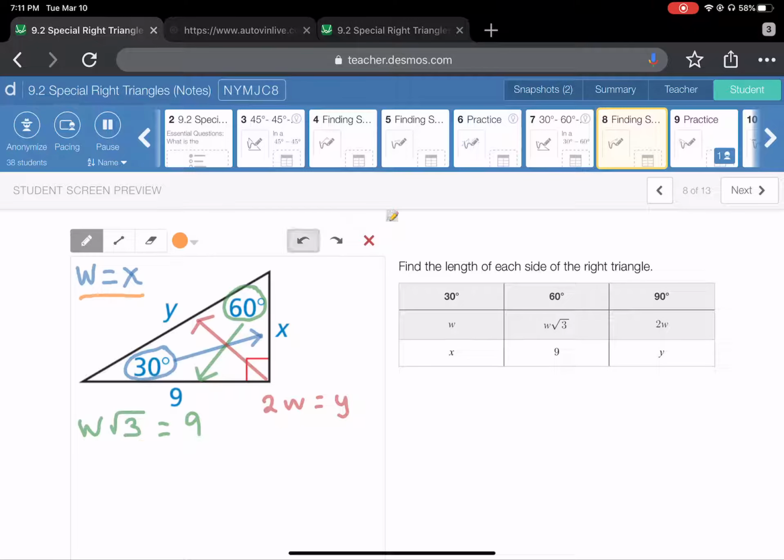We know we can only solve one of them, and that's going to be this one down here, because it's the only one that has just one variable. It has a W, so we want to do that rather than solve for any of these because they have two variables. Okay, so first what we're going to do here is we're going to isolate the W. Again, because this is multiplication, we're going to go ahead and divide that by the square root of 3.